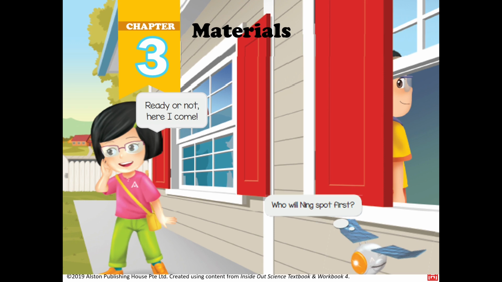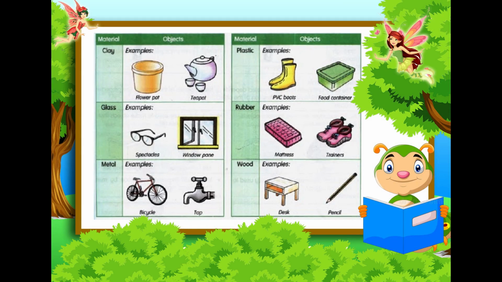Some materials are soft, some are hard, some are smooth, and some are rough or bumpy. There are different types of materials and they all have different properties.